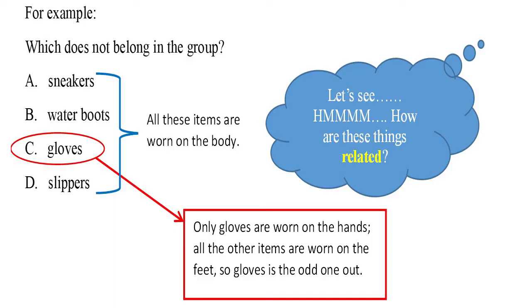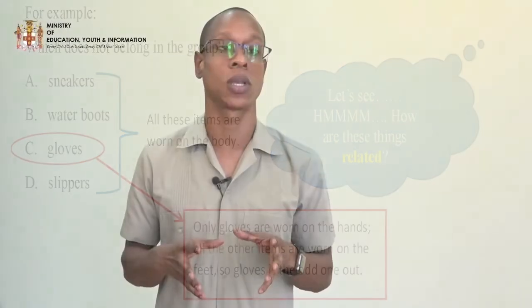So all the other items are worn on the feet. So gloves would be the odd one out. Remember students, you have to ask yourselves this question. How are all the items related? And which one is the odd one out? That will help you to answer the classification question.